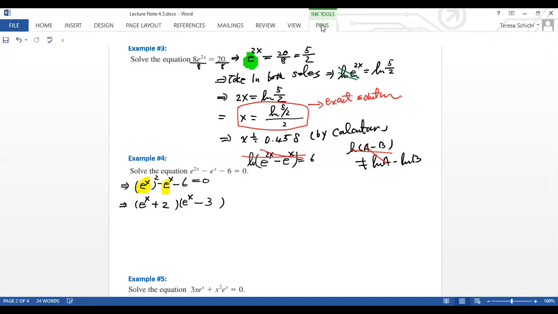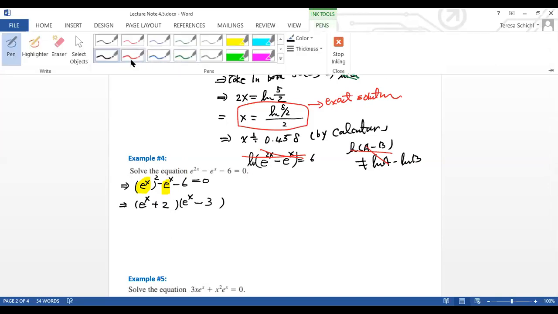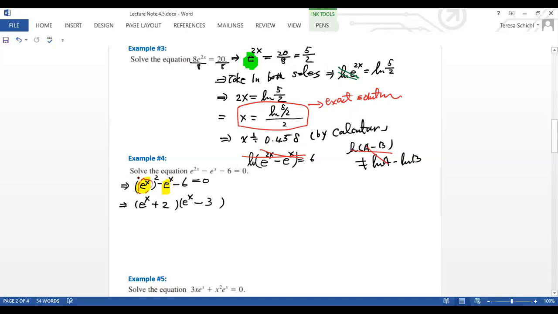So you can treat this like a single variable x here. So the whole thing is just changed to x squared minus x minus 6. Then you know how to factor. Now when you factor, remember your x is e^x, right?